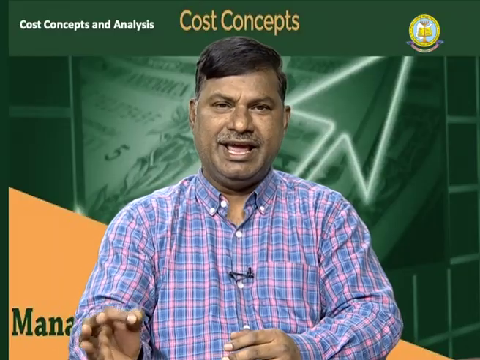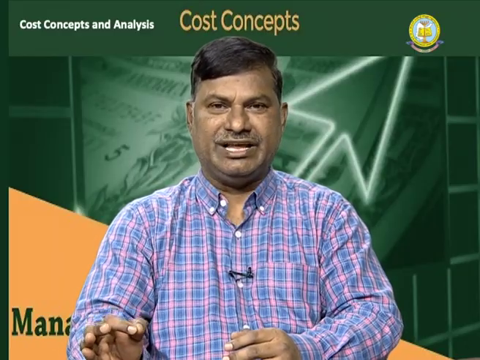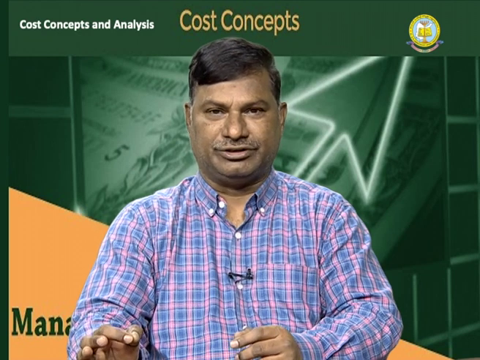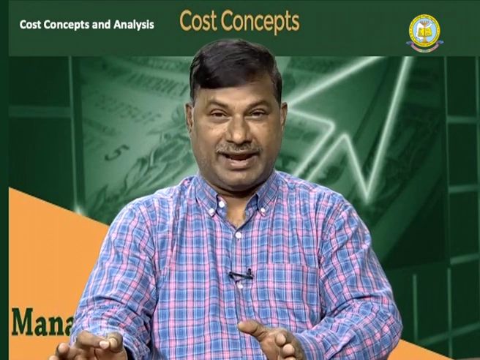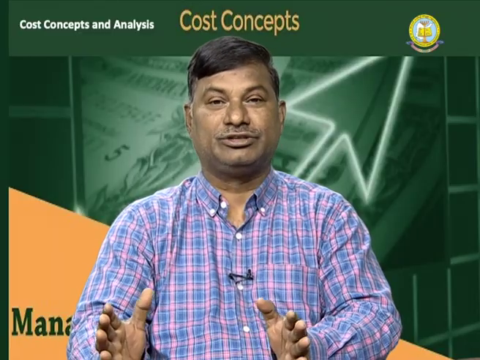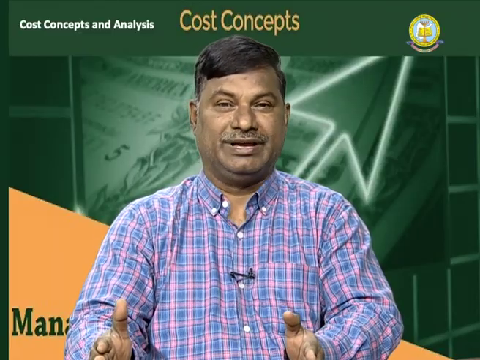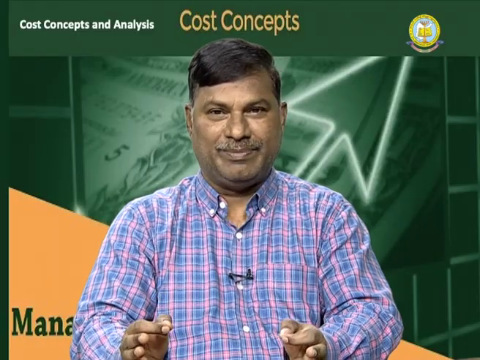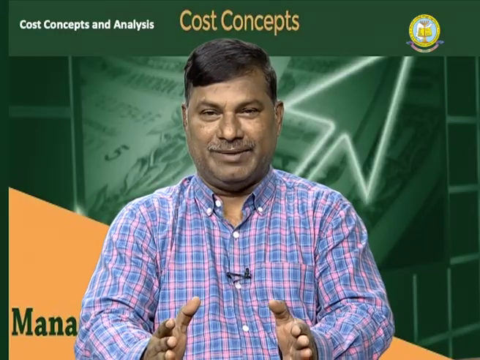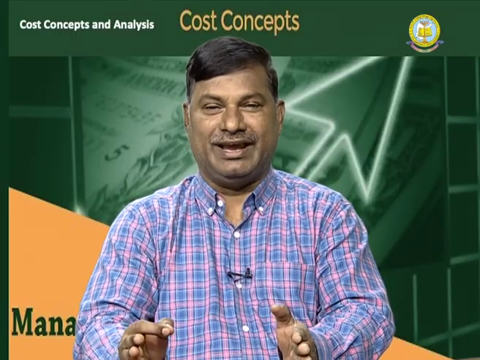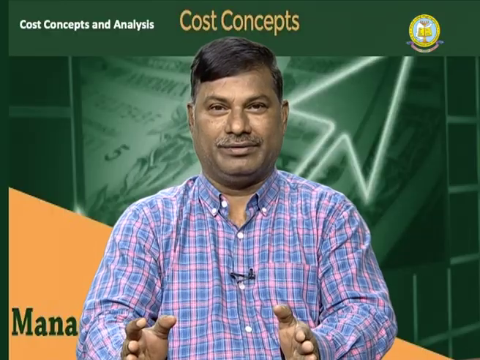Let's say each ton of steel costs about 20,000 rupees. 20,000 into 10 is the total cost to produce 5 jobs. But if you are producing only one job, then you will be incurring only that amount of cost, that is 20,000 into 1.